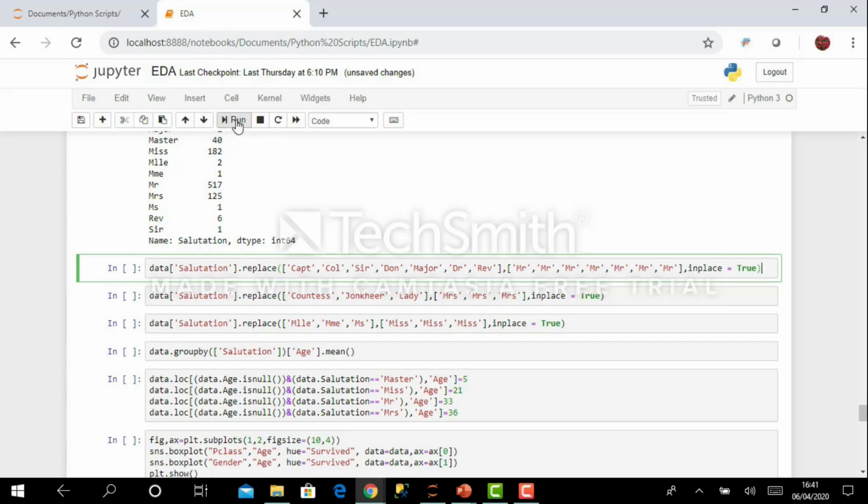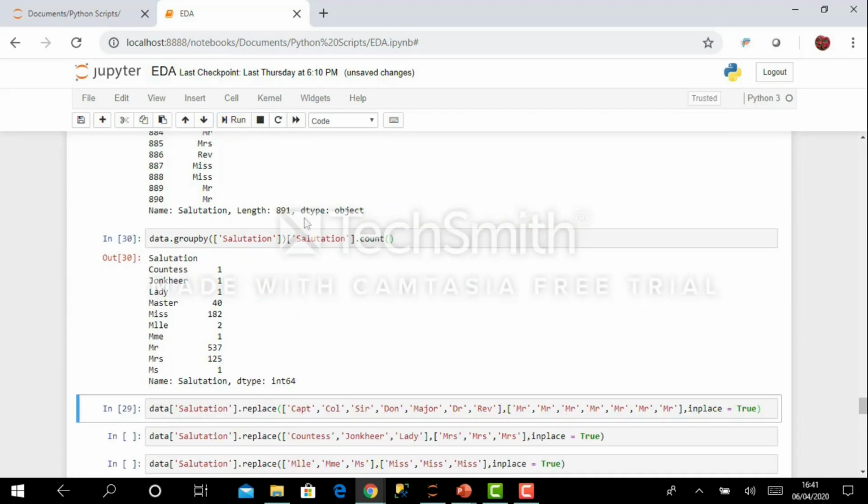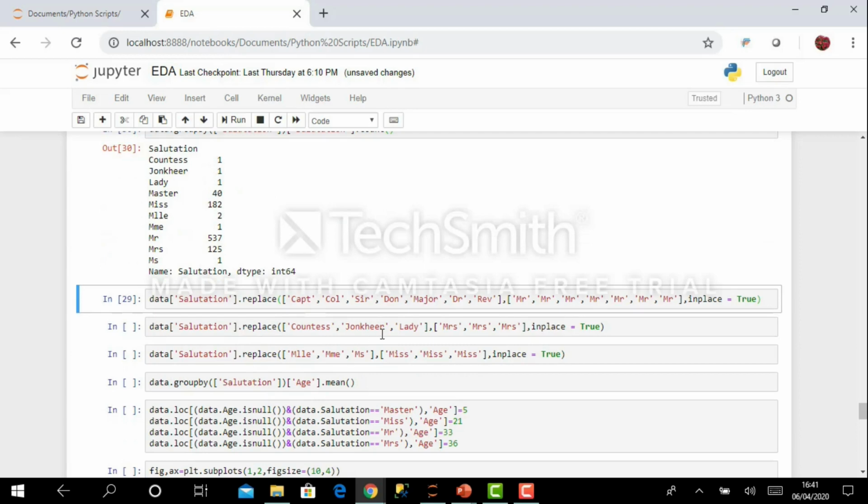Let us execute this. Fine, it is executed. Next, if I again execute this part, you can see that it is reduced and some salutations are still present. So in the next step, for these 3 salutations, I am converting them to Miss.